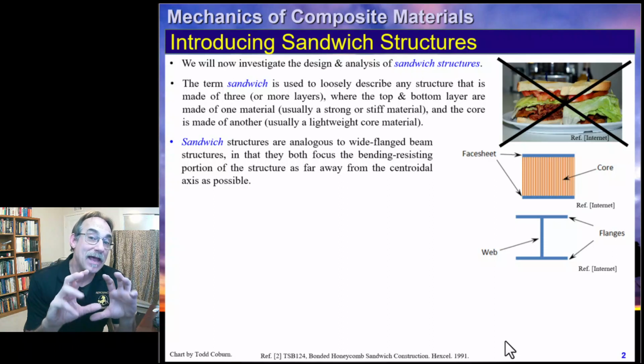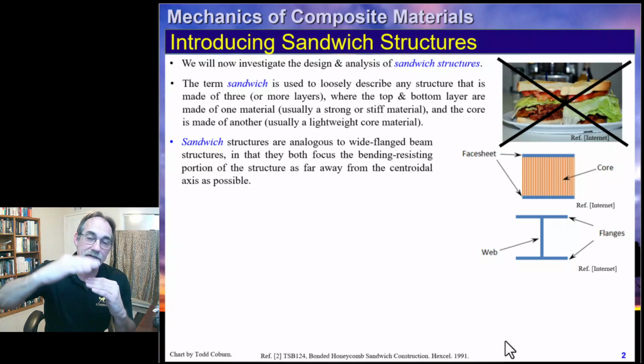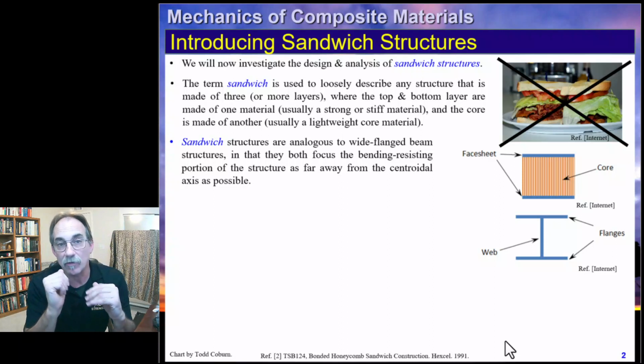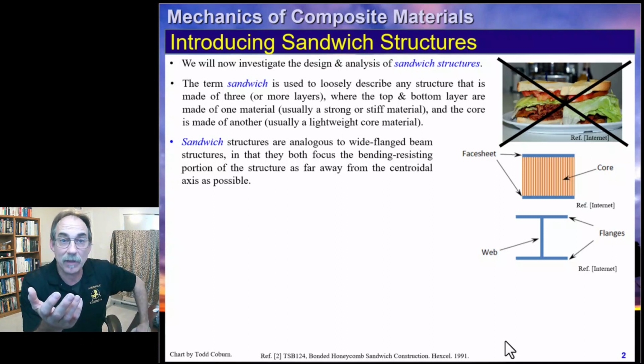So when we have structures that withstand bending, we leave the area away from the neutral axis, or even push it out further, and remove any material from the center of the beam, where it's less effective for bending.